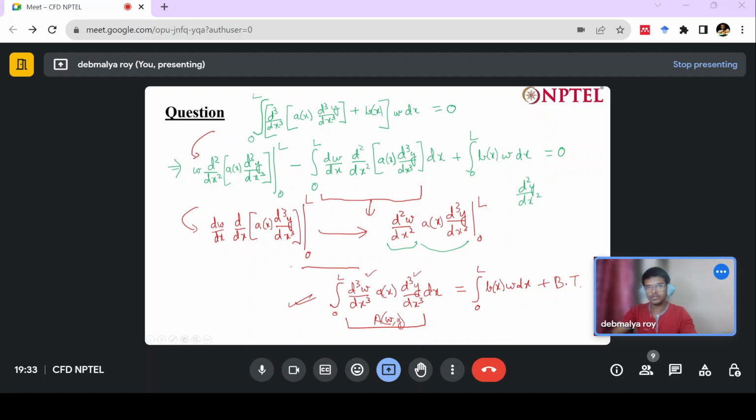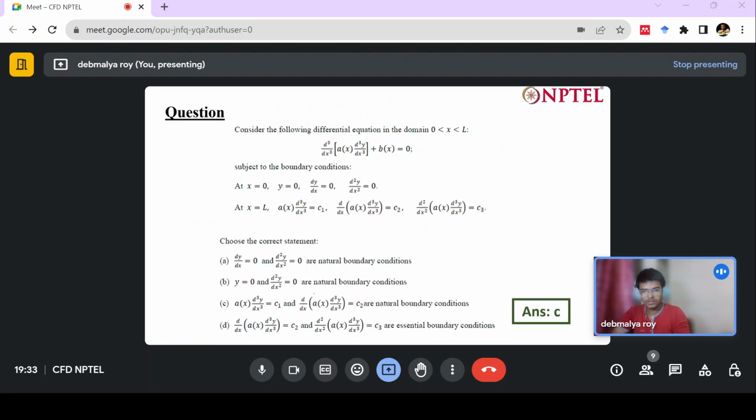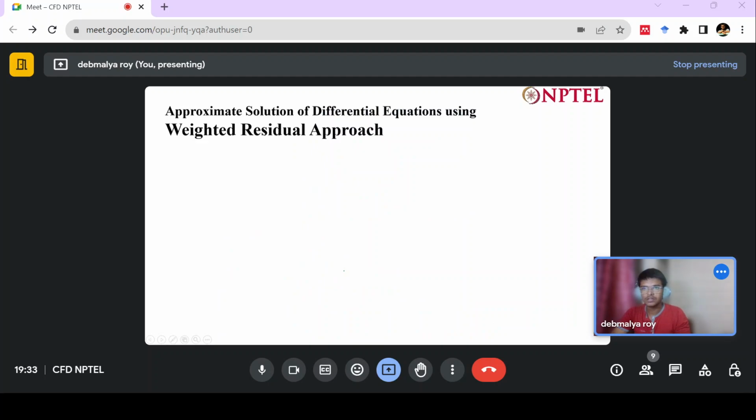Okay, let's move to the next portion. So far we have discussed different forms of differential equations, but that is not useful unless we know how to solve the differential equation using these terms.